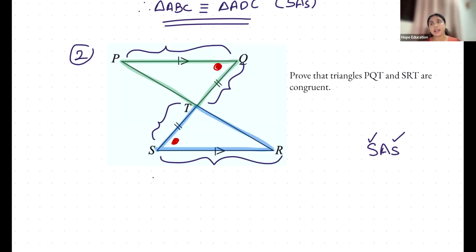They are alternate angles between parallel lines because we can see that PQ is parallel to SR. These arrowheads mean they're parallel. Between two parallel lines, if we have Z-shaped angles, they are equal. Those are what we call alternate angles. Therefore, the two angles are also equal.